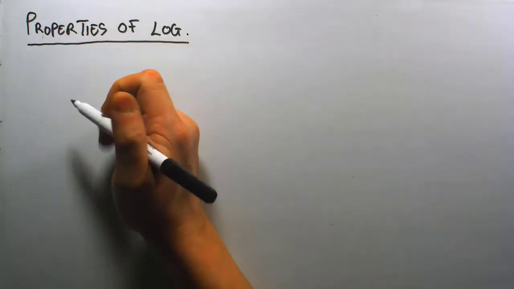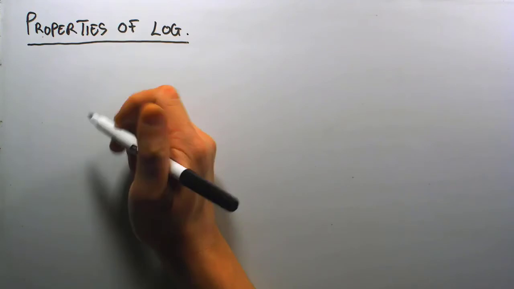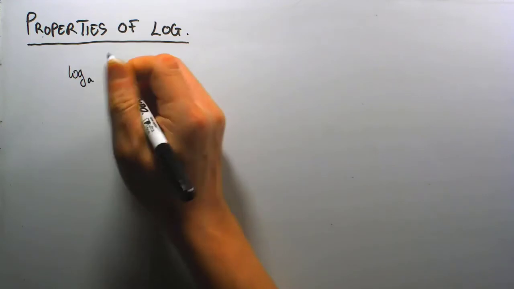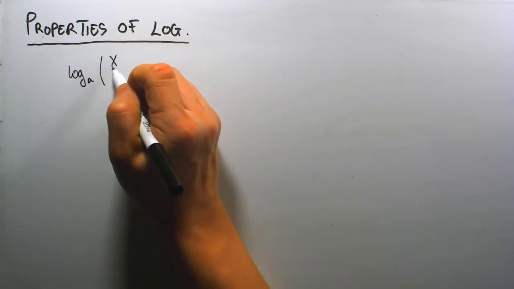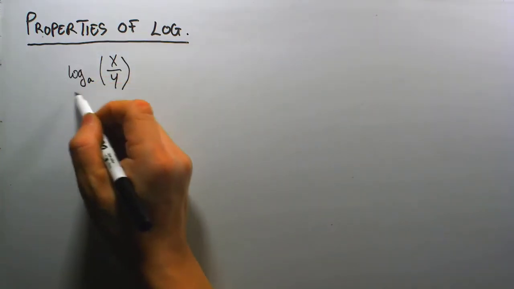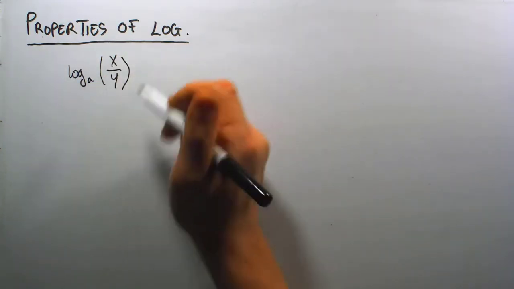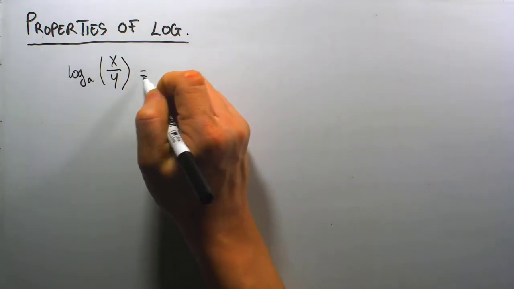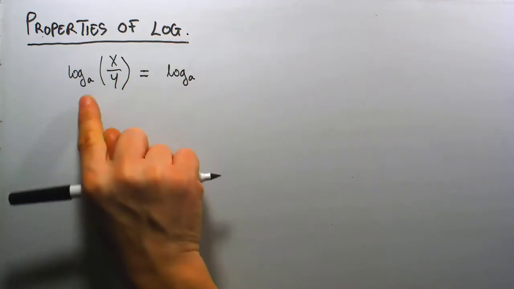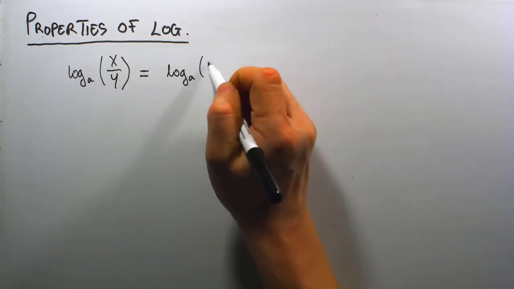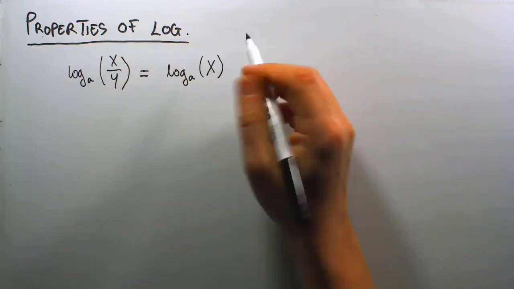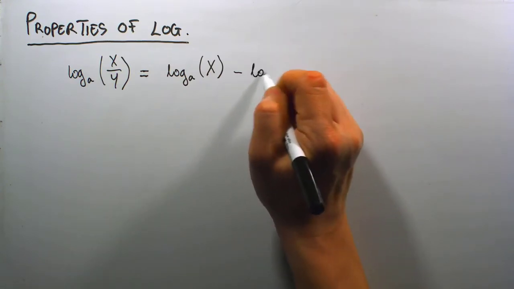And now a property among the properties of logarithm says the following. If we take log base a of a quotient x over y, this logarithm of the quotient can be equal to log base a, notice the same base again, log base a of x, the number in the numerator, minus log base a.